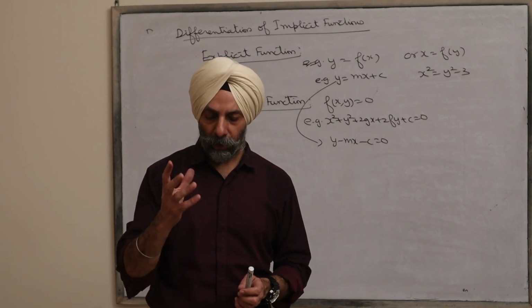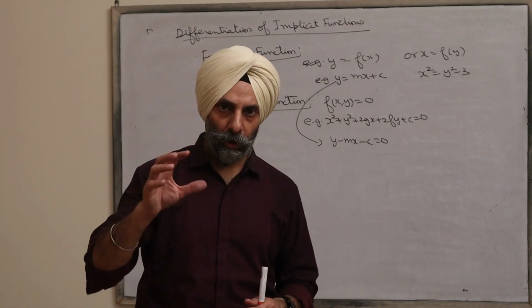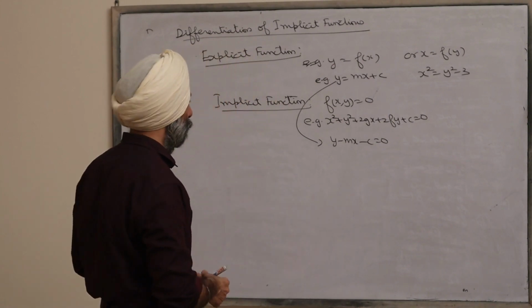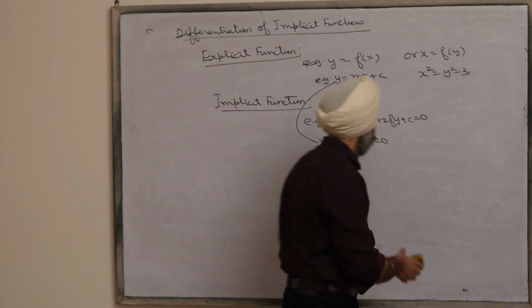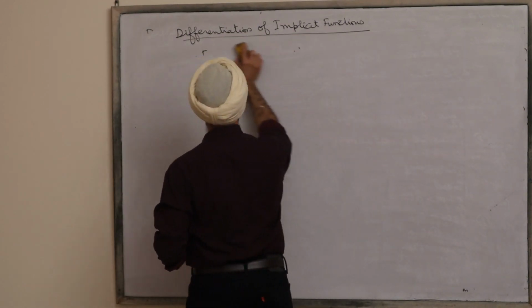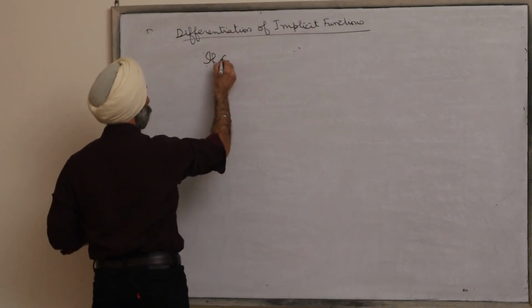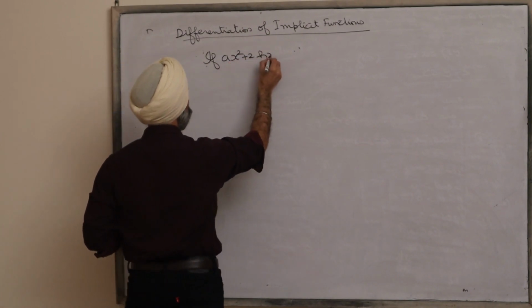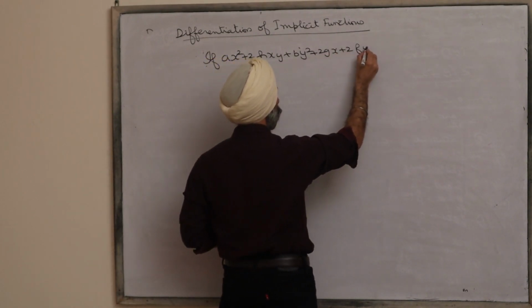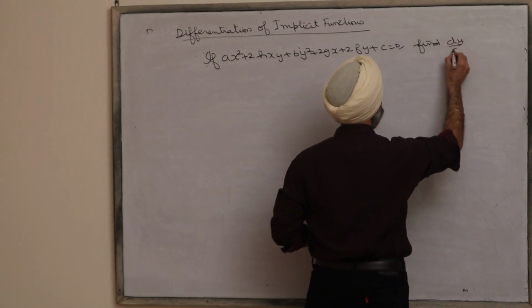So now the next question is how to differentiate the implicit function, or what is the difference between this and the regular differentiation. So for example, if ax square plus 2hxy plus by square plus 2gx plus 2fy plus c equals 0, then find dy over dx.